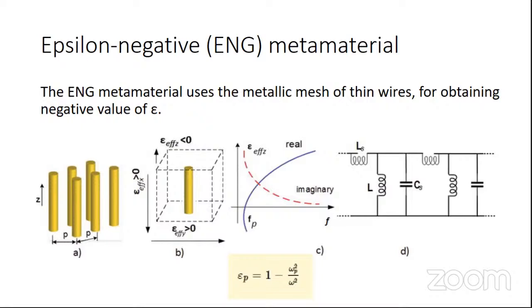This has been created by using a metallic mesh of thin wires to obtain the negative value of epsilon. A mesh structure of dipoles or thin wires is created in order to have negative permittivity.